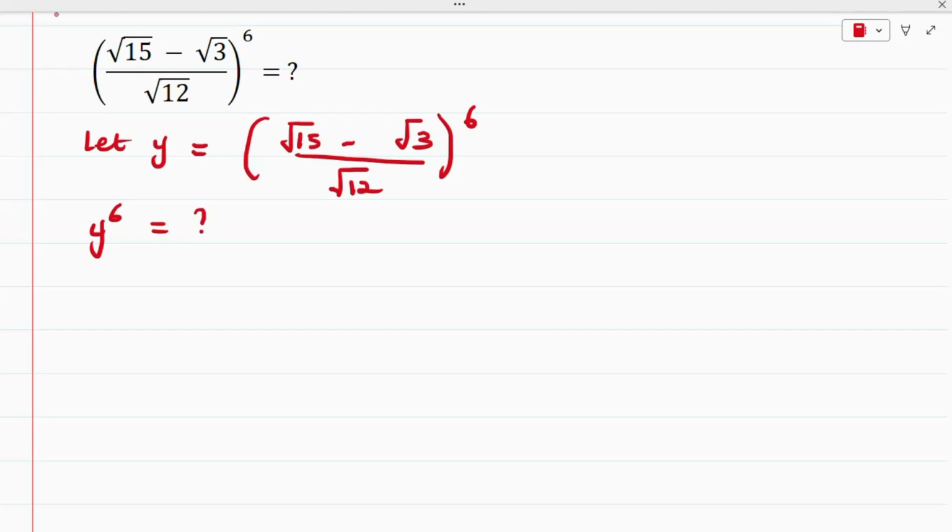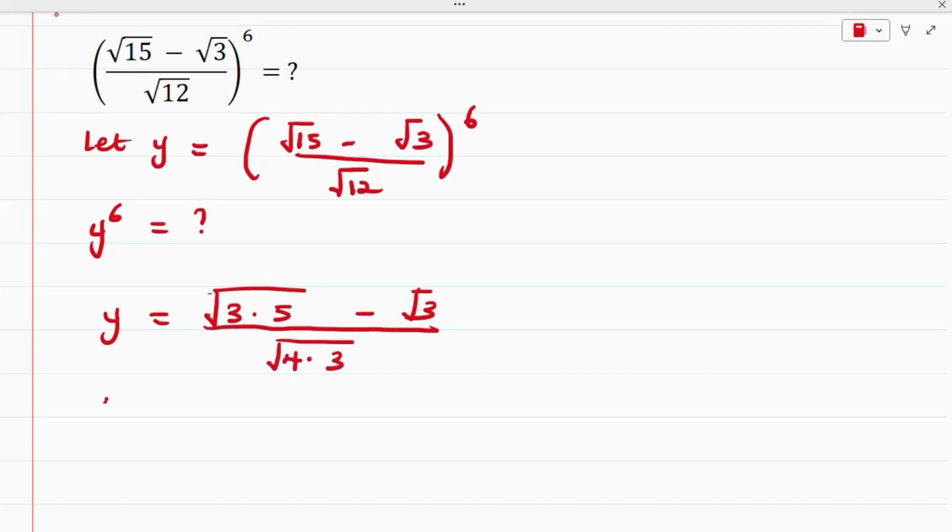From here, we have that y is equal to, now the root of 15 can be written as the root of 3 multiplied by the root of 5, minus the root of 3, all into the root of 12, which can be written as the root of 4 multiplied by the root of 3. So y is equal to the root of 3 multiply the root of 5 minus the root of 3, all into the root of 4 multiply the root of 3.